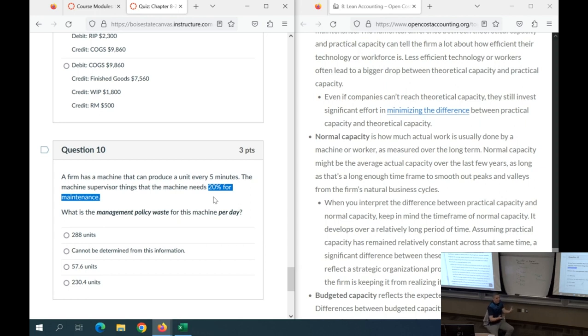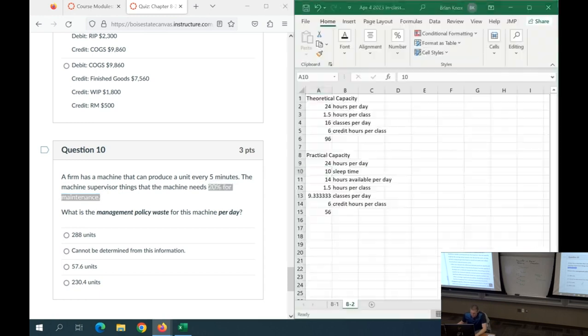And multiply that by 0.8 for maintenance. That would give you the practical capacity, probably that 230.4 is what that's going to be. So let's look at this question here. And we're solving it as if, let me put a pin in here because there's a definitional problem here.